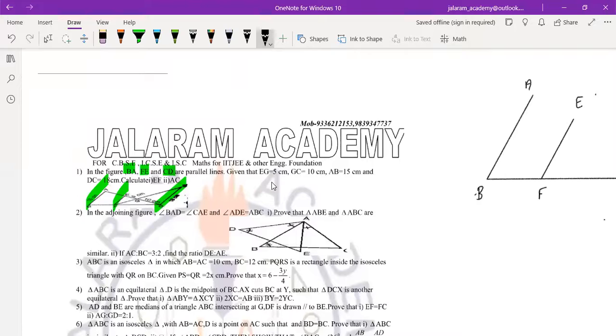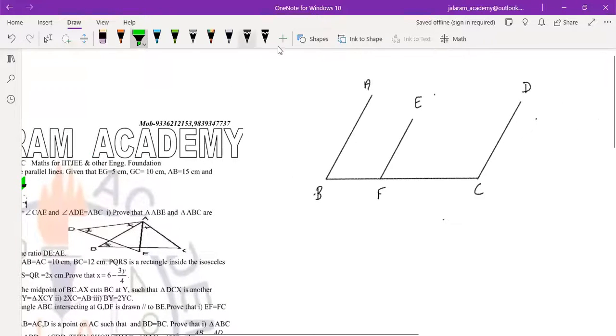EG equals to... where is EG? You have to take hint from this, EG. EG will be obtained when you draw AEC.